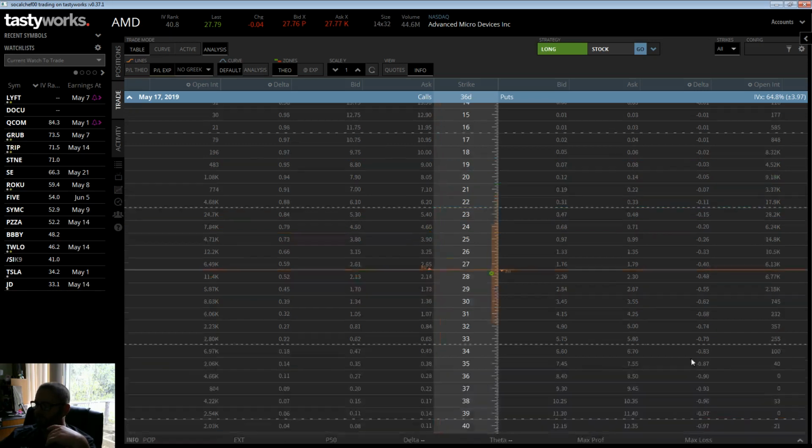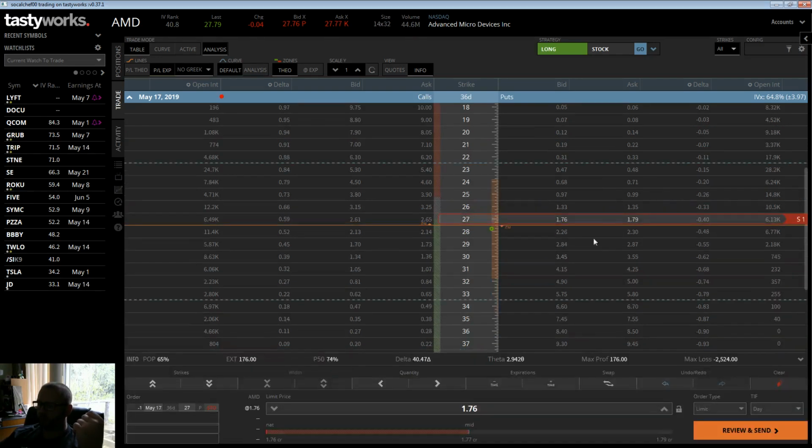But if you still thought that, okay, well, I think AMD is going to go up, but I think it's going to maybe hit resistance, it's going to stop and not really go down but trade sideways, you can go directionally on that.